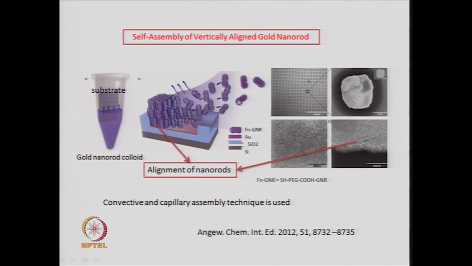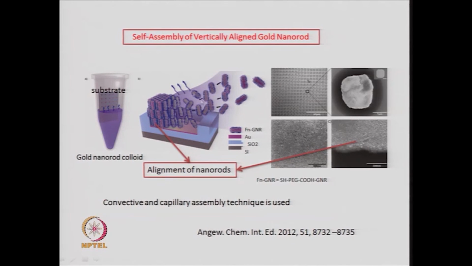These are thiol functionalized gold nanorods, and when you drop these particles on a gold surface, they stick on it and form an array, and if you look closely at this array, you will get these ordered structures of thiol functionalized gold rods on top of the gold surface.